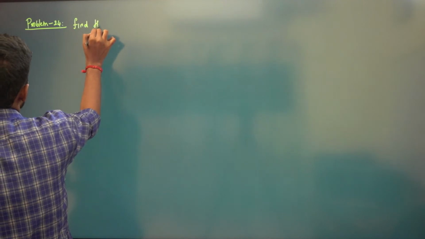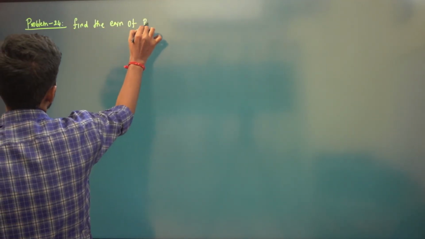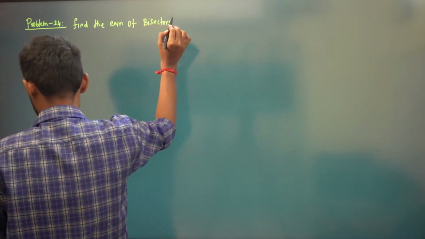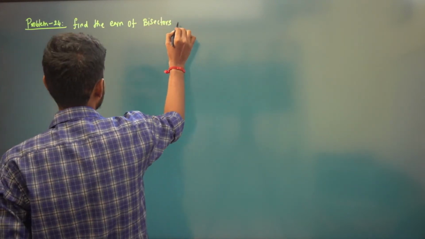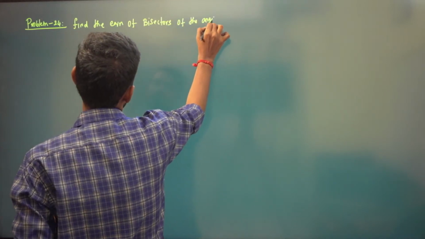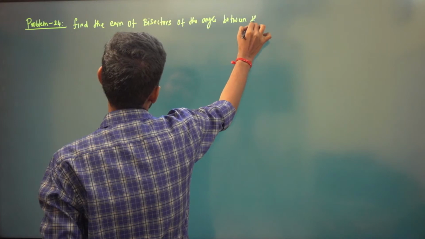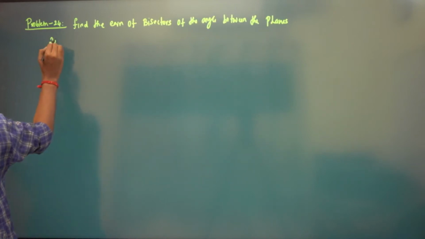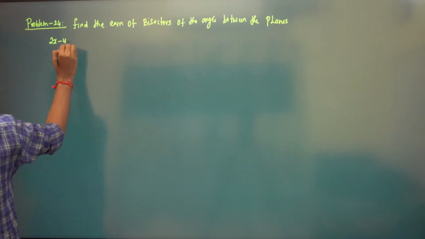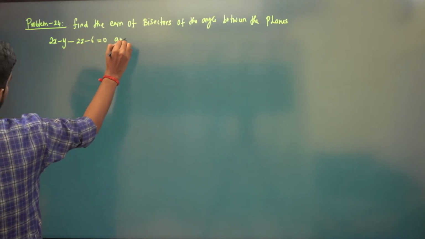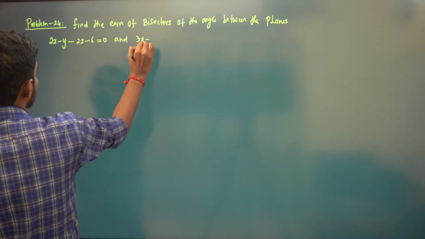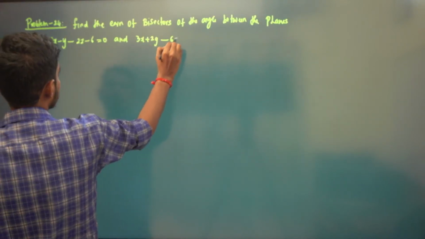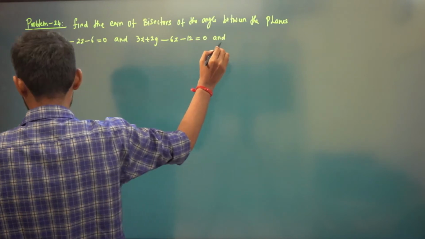Number 24. Find the equation of the bisectors of the angle between the planes 2x minus y minus 2z minus 6 equal to 0 and 3x plus 2y minus 6z minus 12 is equal to 0, and distinguish them.